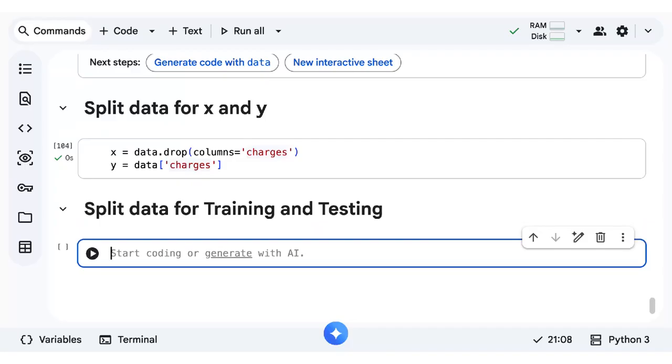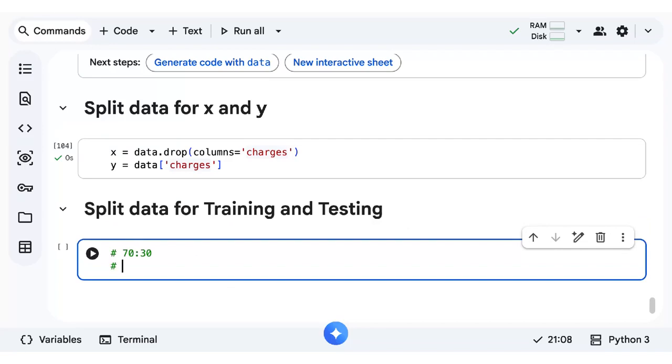Usually we use a 70-30 or 80-20 rule. 70-30 means 70% of the data is taken for training and 30% for testing. Similarly, 80-20 means 80% of the information is taken for training and 20% for testing.